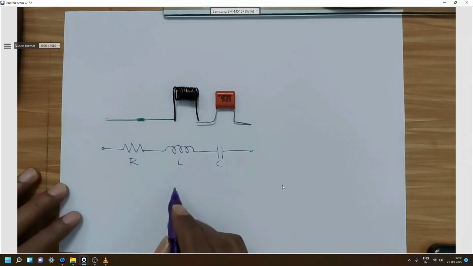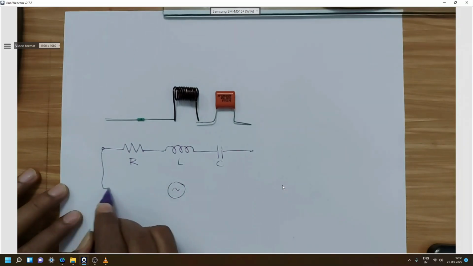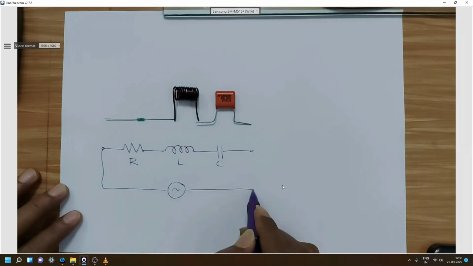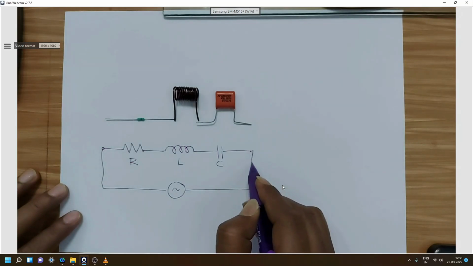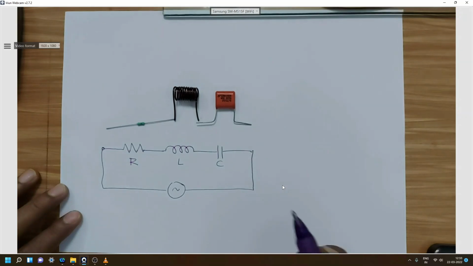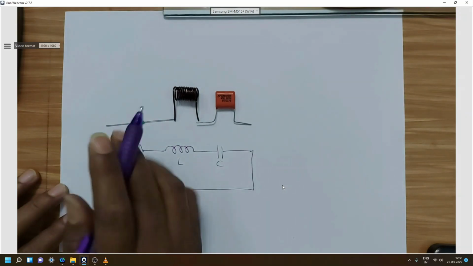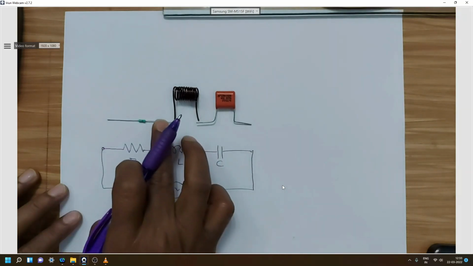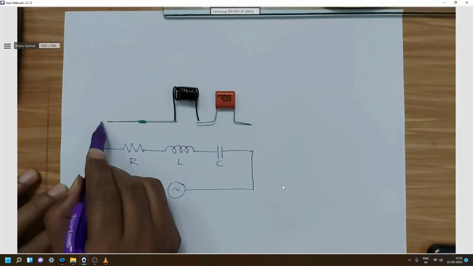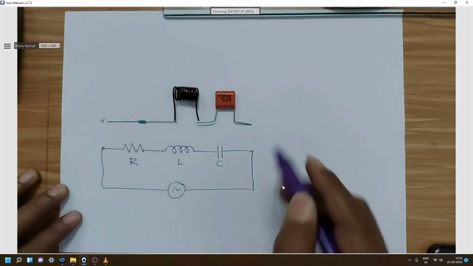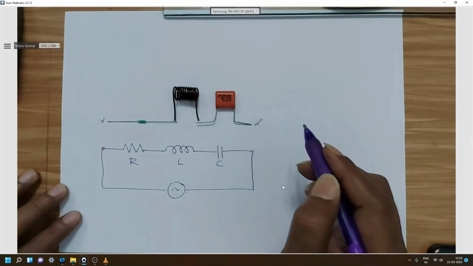As in our drawing we have seen, the starting point of the resistor is required to be connected to the supply, as well as the ending point of the capacitor. So definitely we need to connect one supply at this point and at this point.